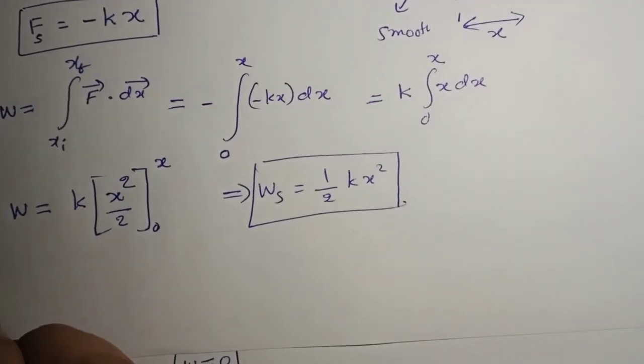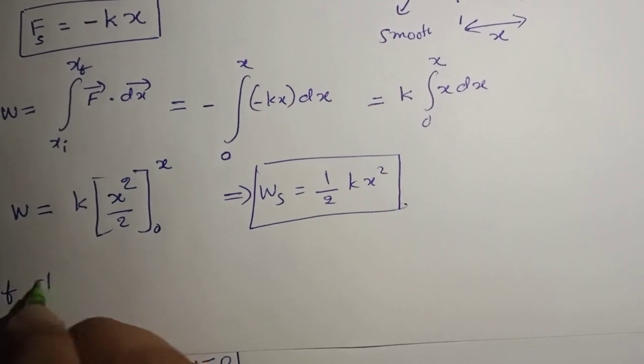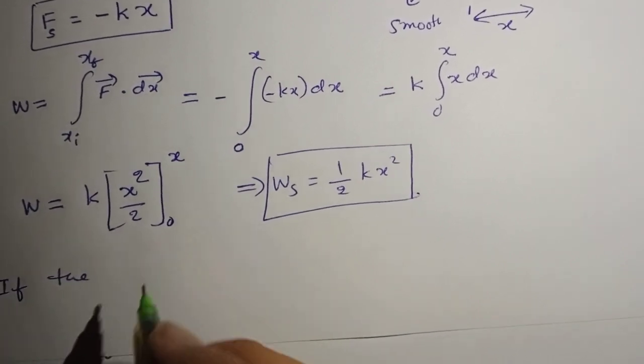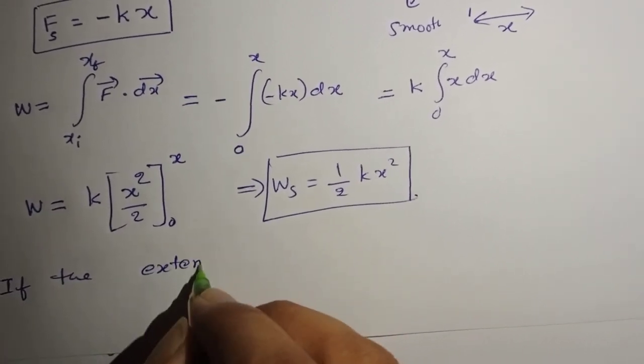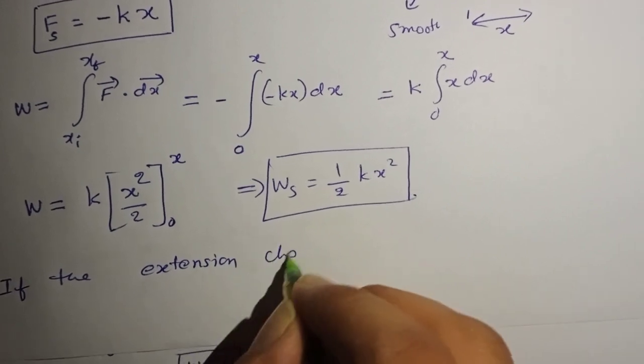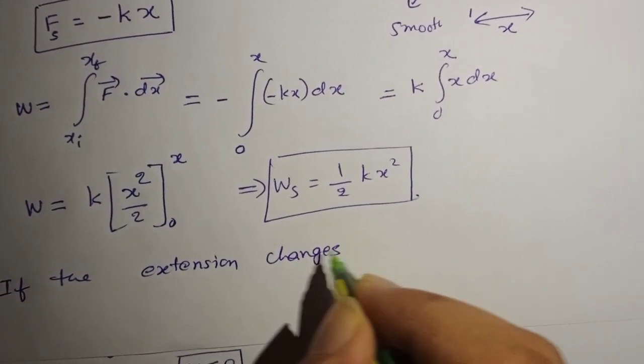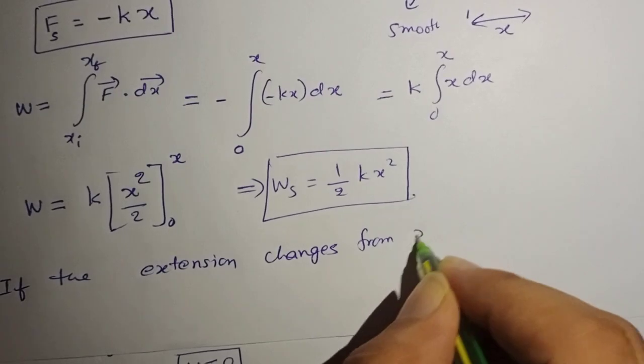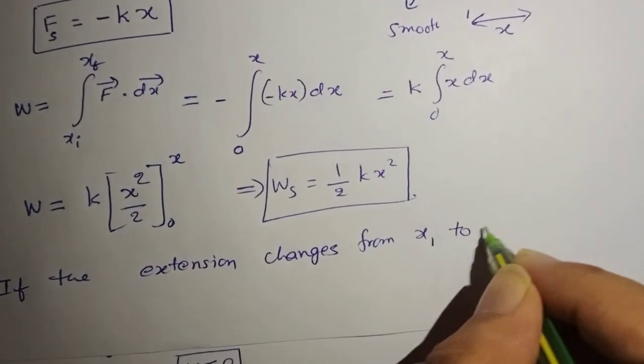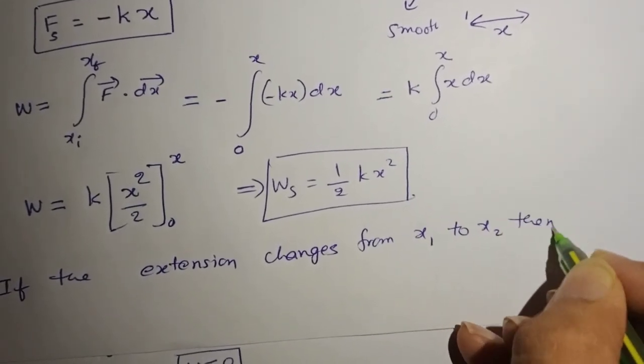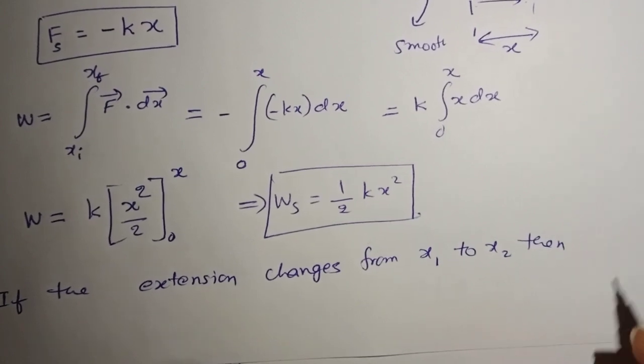Here if the extension changes from x1 to x2, then what happens?